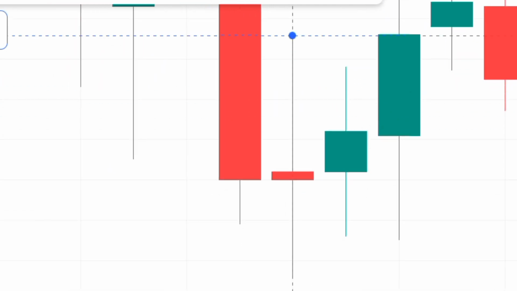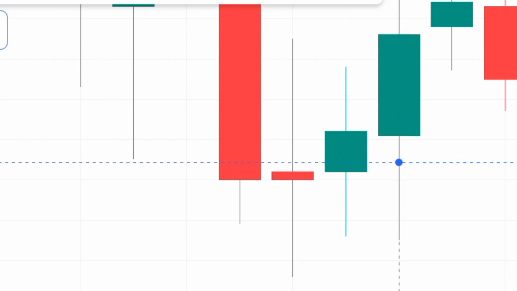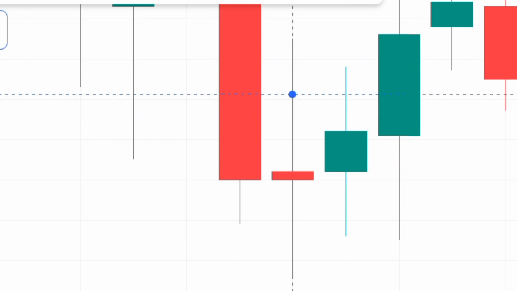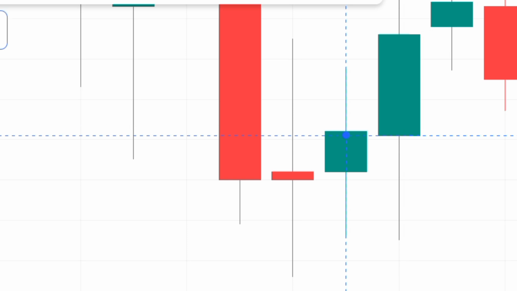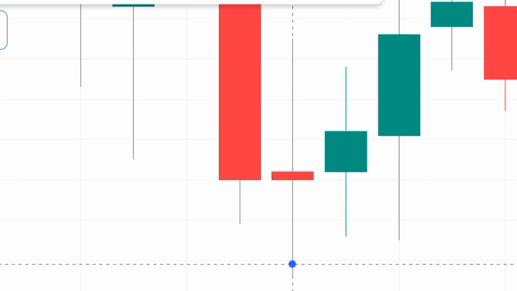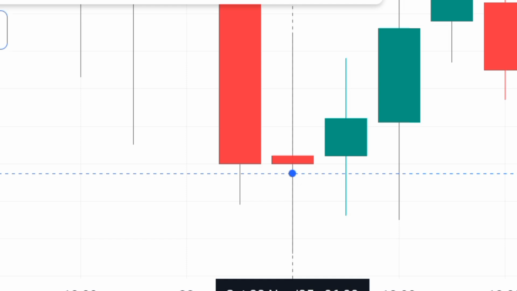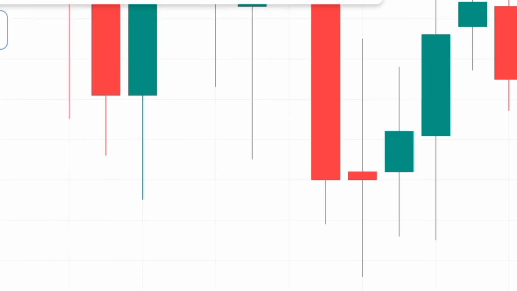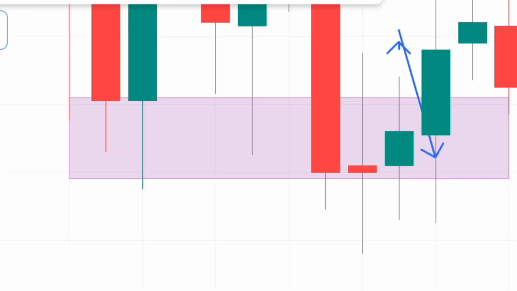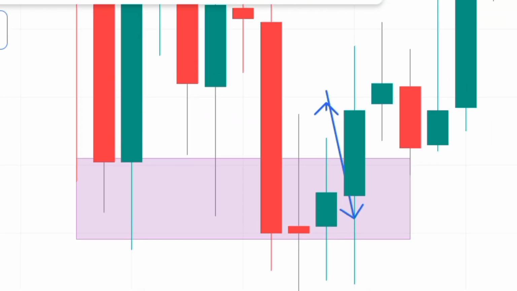Okay, so let me show it to you very clearly here. So this is a very long wick, and it is having a small body in the middle. So now that is a very good confirmation, because it has created a rejection candle on our zone, right?